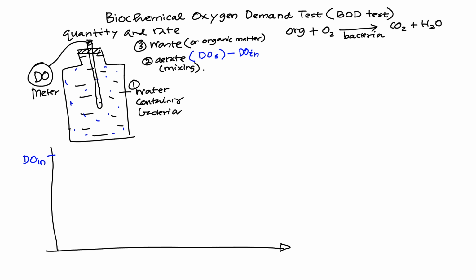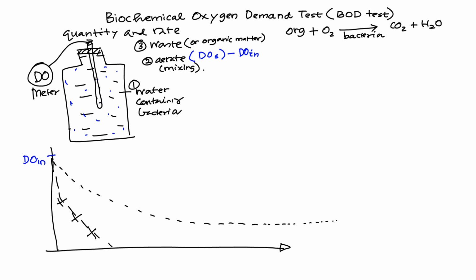And then this DO will go down gradually, because as the bacteria eat and eat and eat, this will go down, down, down. After some time it won't go down anymore, maybe mainly because organic matter is finished. Or sometimes, if the organic matter is too much, then oxygen will finish quickly, which I am not looking at now. So don't worry about this particular curve.